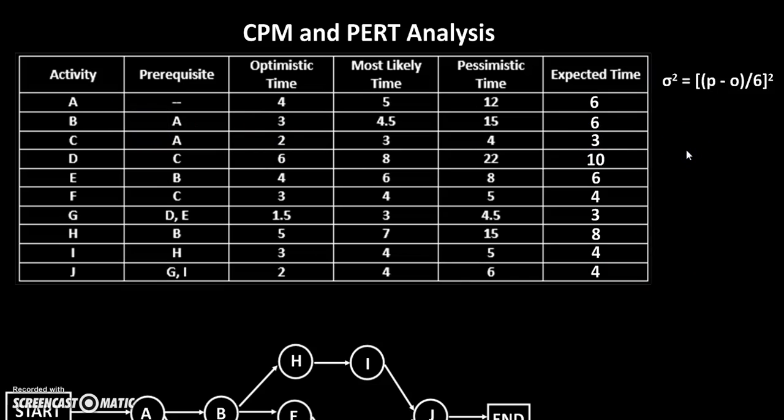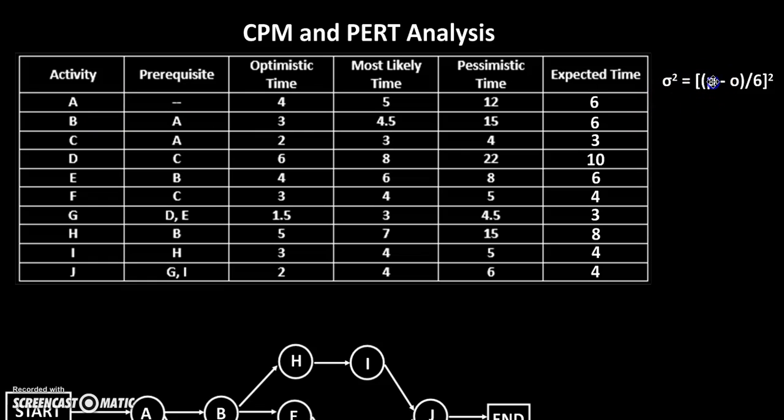We're not even going to bother calculating the variance for activities that aren't in the critical path, because we don't care how they vary. They're not as important to the project completing on time as the activities in the critical path are. So we'll start with activity A.